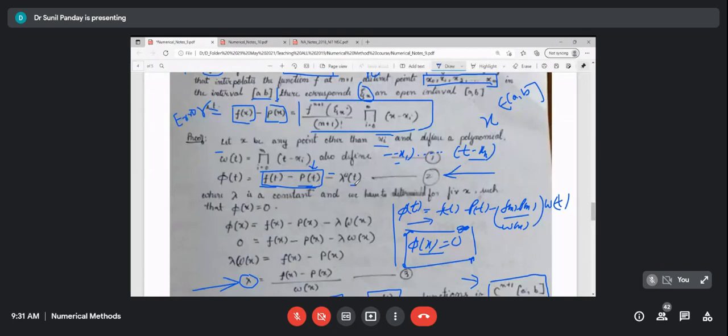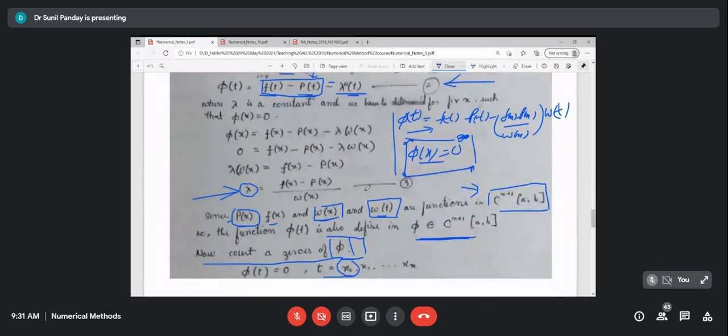Now we go to this w(t) term. In w(t) we have a factor like (x_0 minus x_0) in the product. So if I substitute t equal to x_0, then due to this factor x_0 minus x_0, the whole product is 0, so w(t) is also 0.